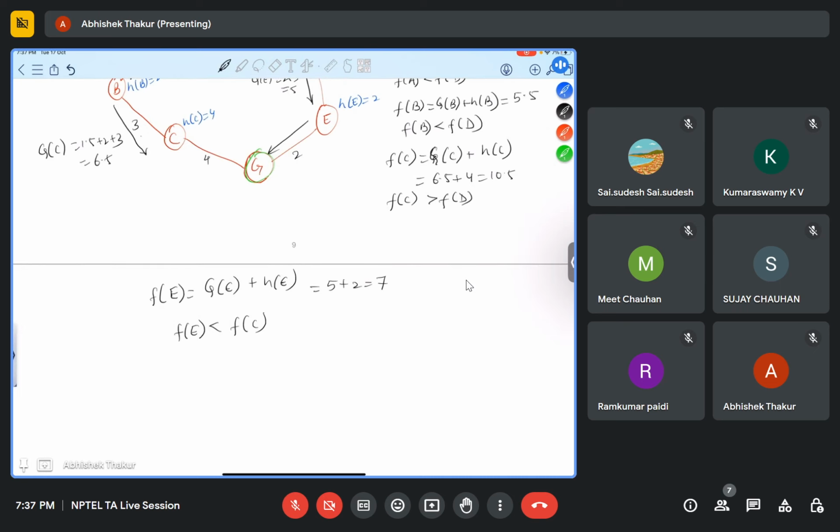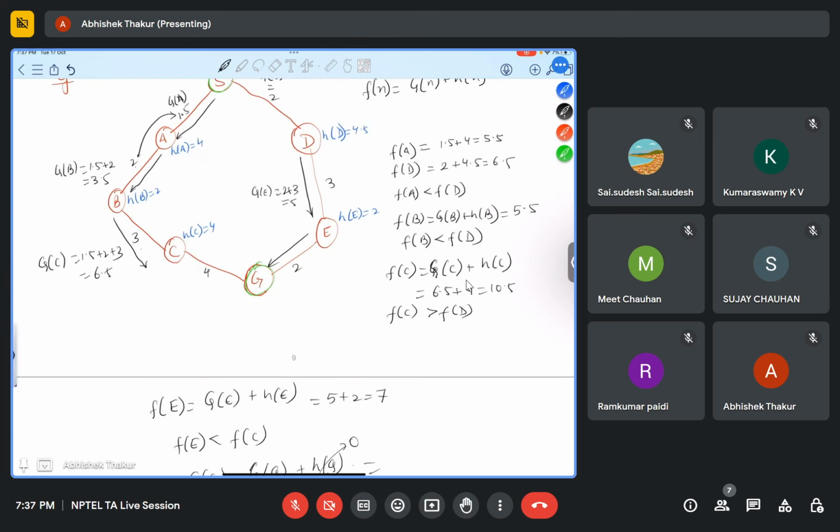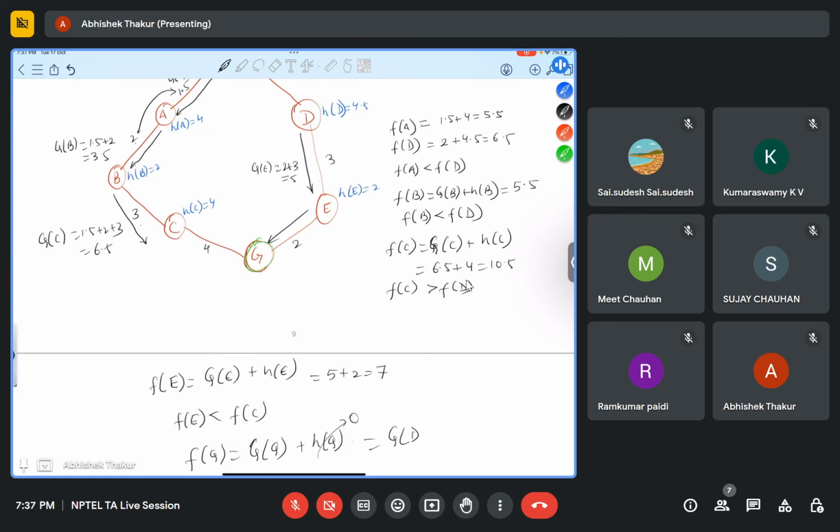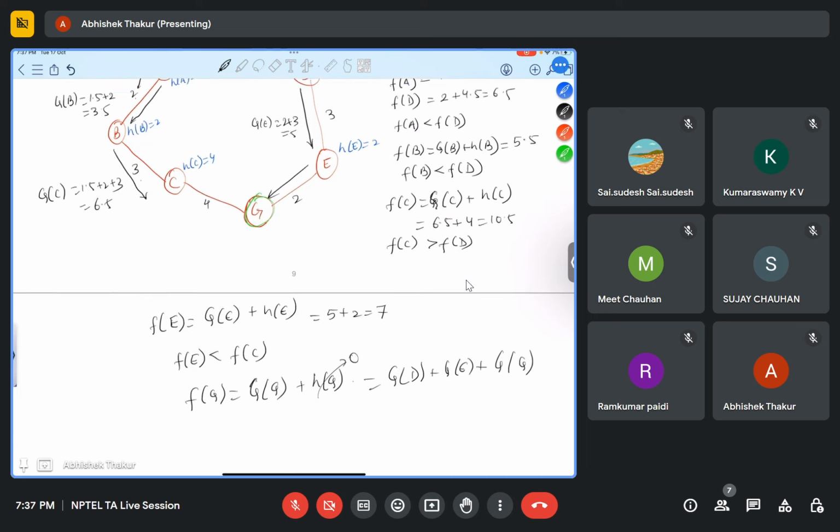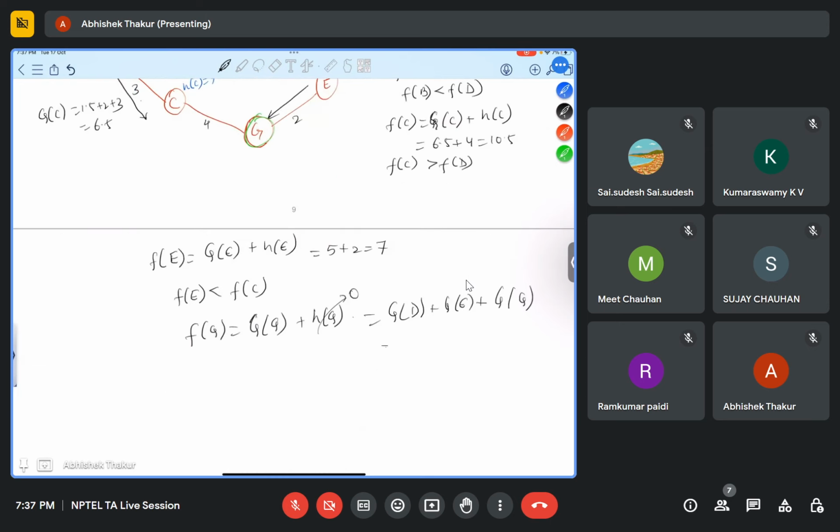Okay. So the final f of G is equal to g of G plus h of G. So h of G is 0, because for the source and destination it is 0. And g of G is g of D plus g of E plus g of G. So this is equal to 2 plus 3 plus 2.